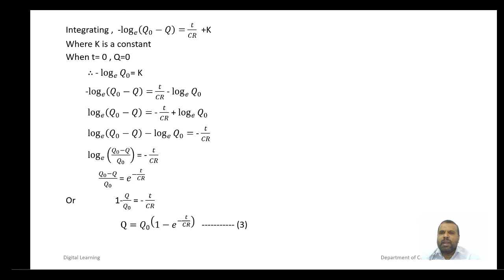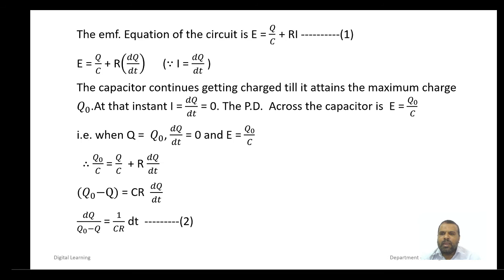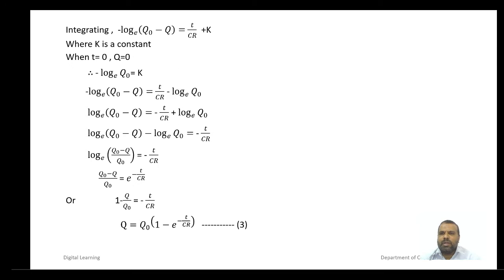Integrating, minus of log of Q naught minus Q to the base e is equal to t divided by CR plus K, where K is a constant. When t is equal to 0, Q is equal to 0.